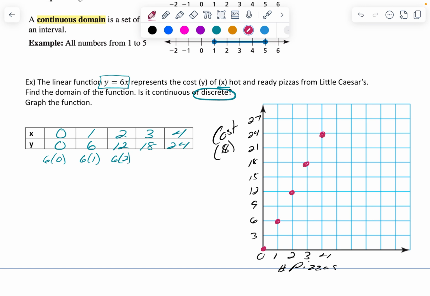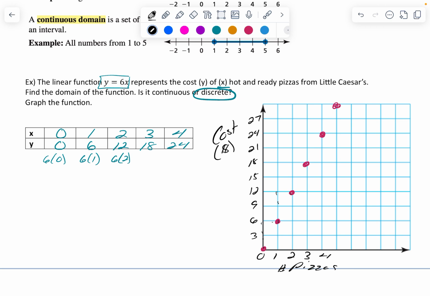Even though we're not going to connect the dots because it's discrete, we can see that they do all line up, and we could predict the next number based on that pattern. Just like I said before, all these are up $6 over 1, up $6 over 1. They have that constant $6 more each time we add a pizza.